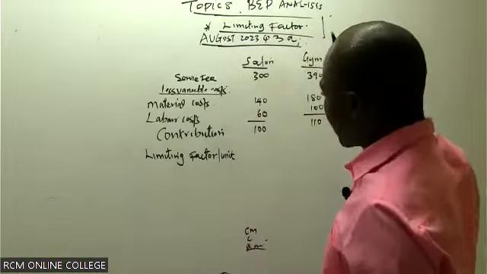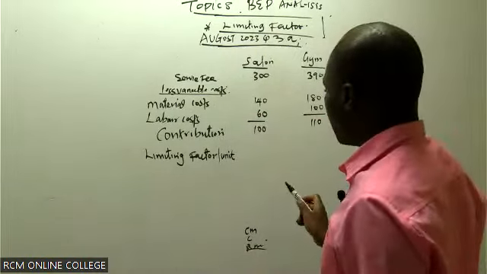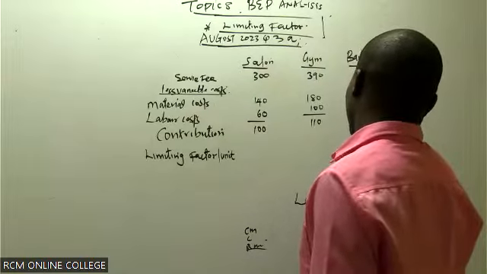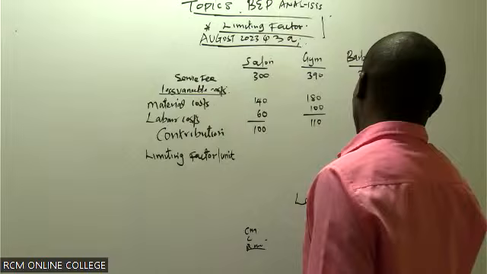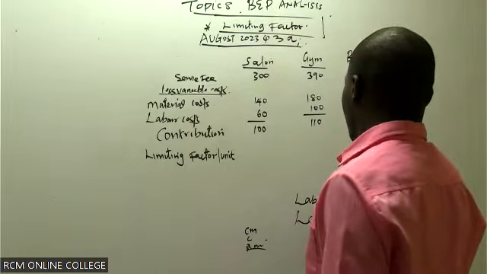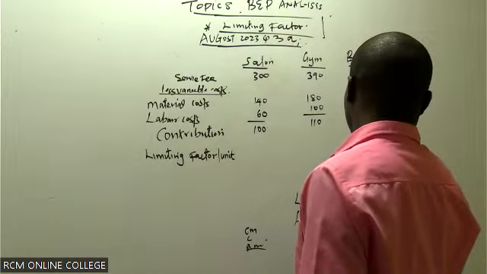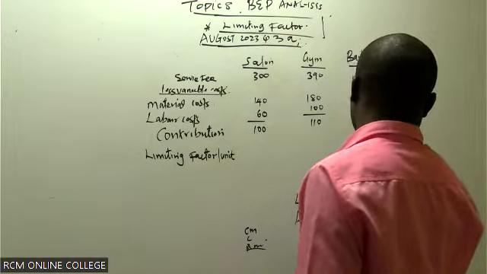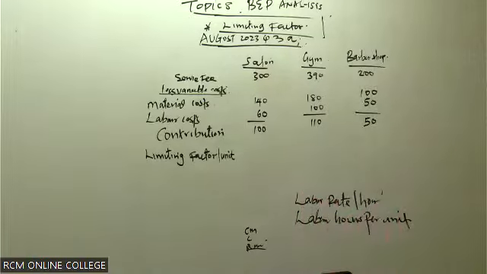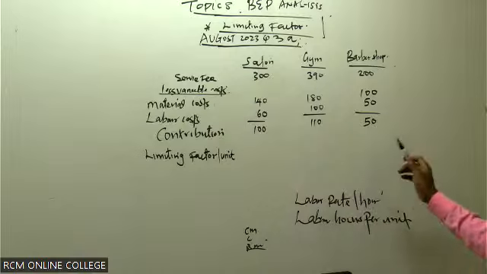So it means somewhere within that question, the examiner will give you either labor rate per hour, or the examiner will give you the labor hours per unit. So help me understand, which one have you been given? Labor hours per unit, labor rate per hour.